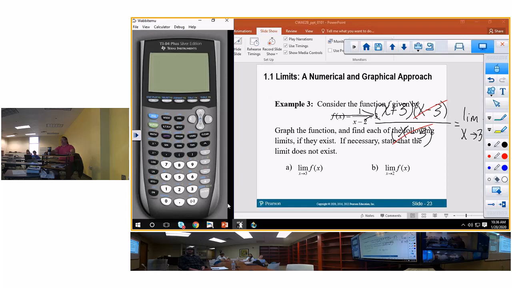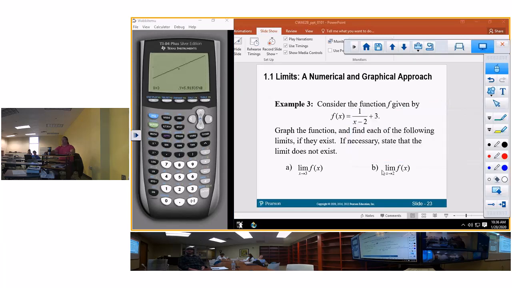So I'm going to graph it. So y is equal to 1 divided by, I'm going to put that in parentheses, x minus 2, close parentheses, plus 3. And I better hit delete to make sure nothing else.